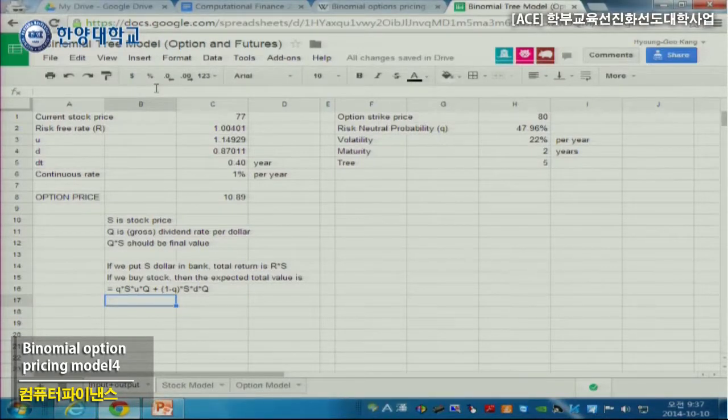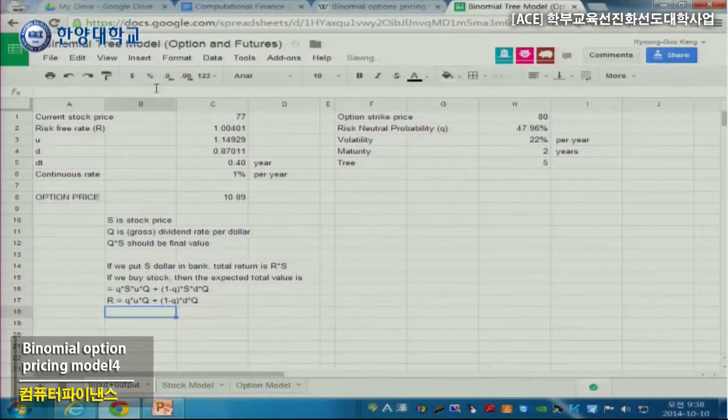Then we can actually solve it. This one and this one are the same. Therefore, we divide each side by S. Then R is equal to q U big Q plus 1 minus small q times D big Q. So R equals q U Q plus (1 minus q) D Q, right?